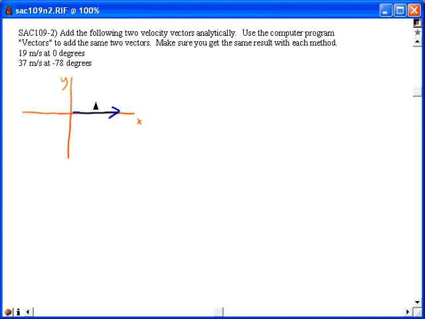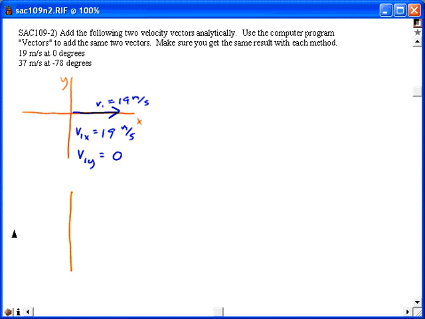I'll call that vector v1, and its length is 19 meters per second by inspection. v1x is 19 meters per second, as the vector is only along the x-axis, so the entire length is its x component. And v1y is 0.